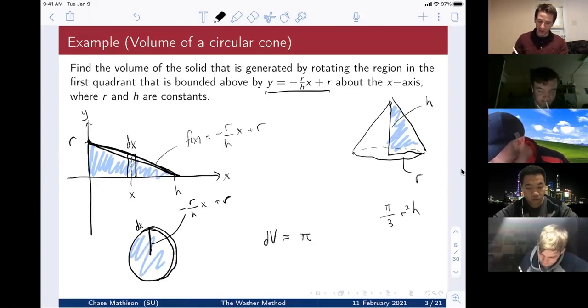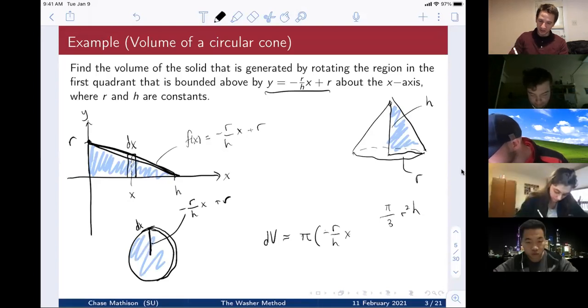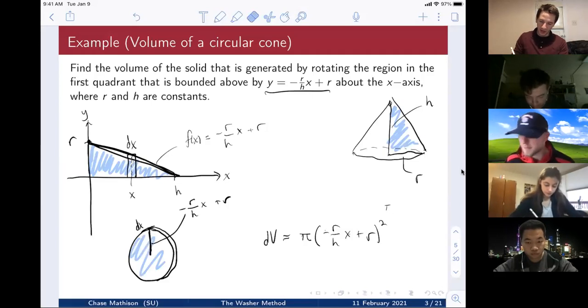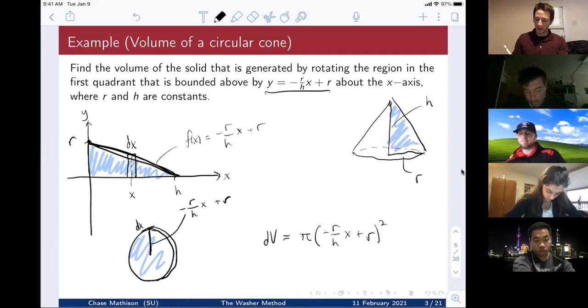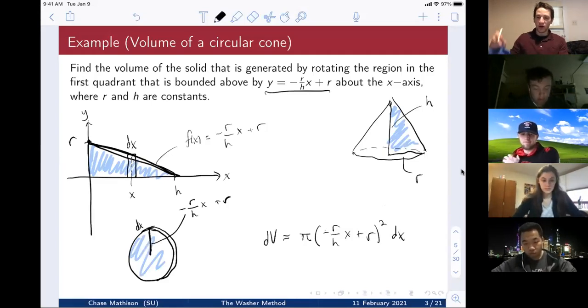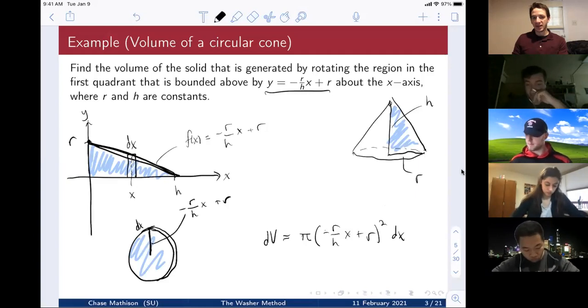And for us, the radius is negative r over h times x plus r. So there's pi times (negative r over h x plus r) squared, and then I'm going to multiply that by dx, right? And that gives me the volume of this tiny little disk.